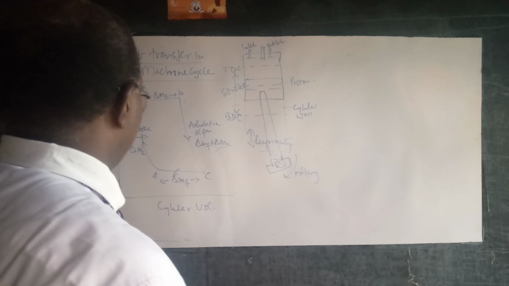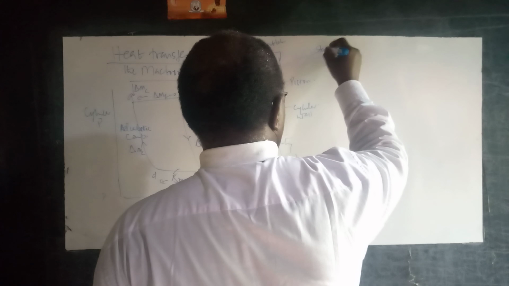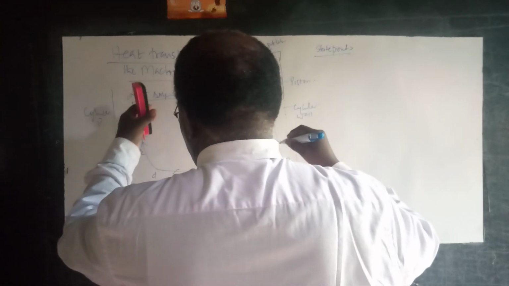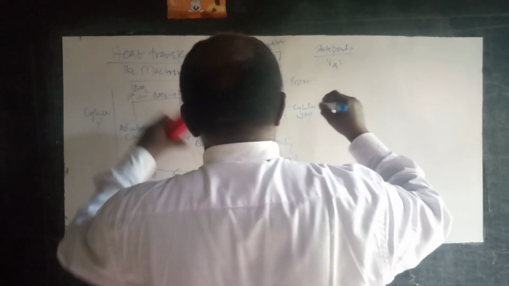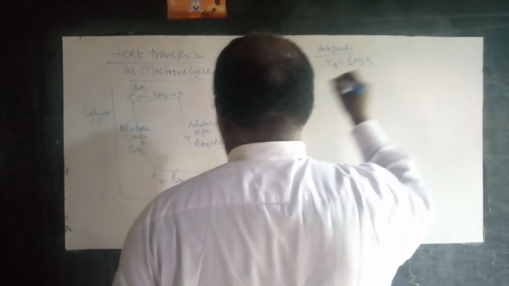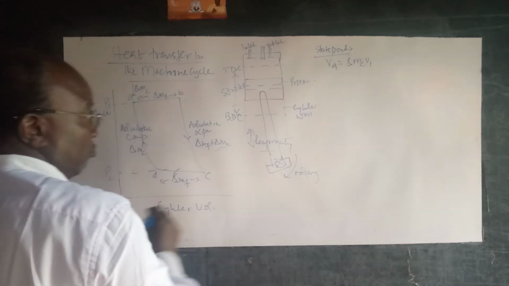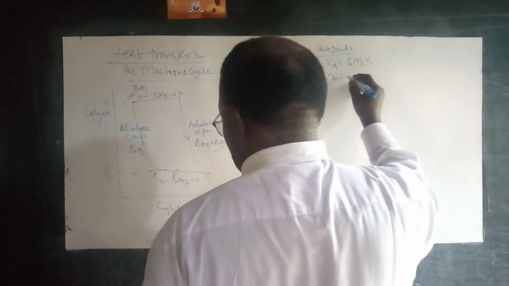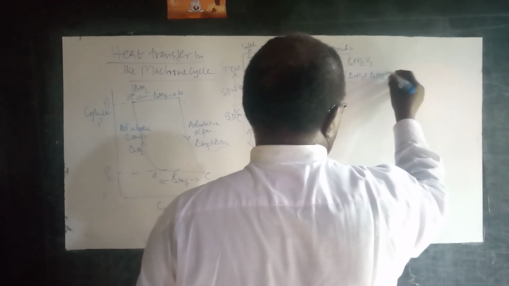Now, for the state points. At state point A, the volume is delta MC V1, corresponds to pressure P1. State point B, we have delta MC plus delta MF, P1.